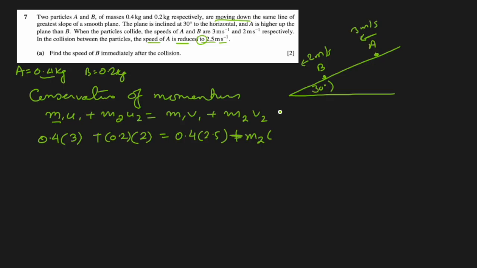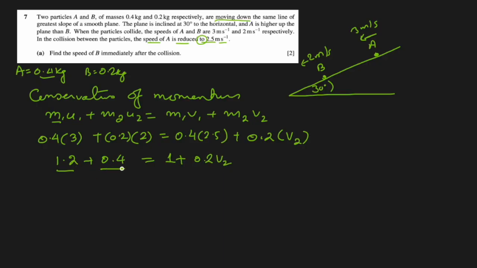Plus 0.2, and v2 we have to find out. So this will be 1.2 plus 0.4 equals 1, plus 0.2 v2.